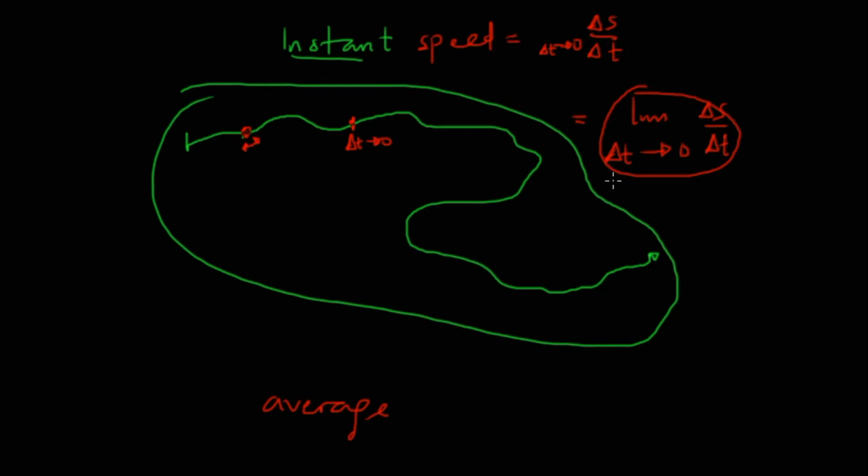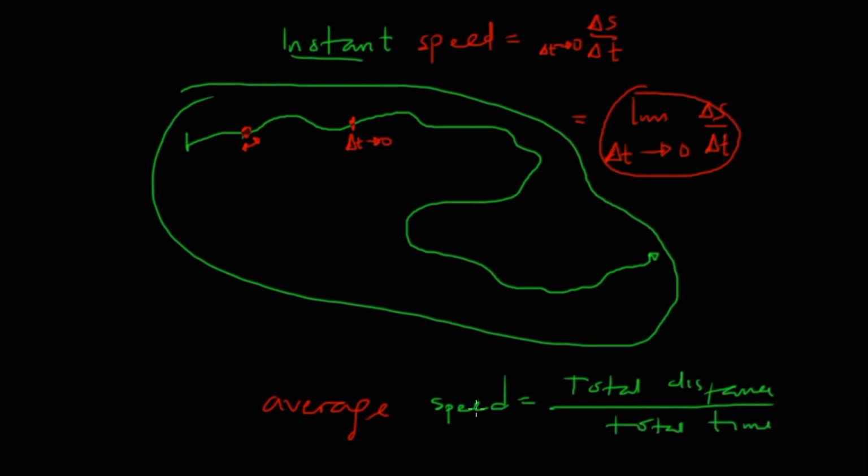The speed at every point is not constant, because it increases at every point. As a result, the average speed will be equal to the total distance covered upon the total time taken. The same thing with average velocity. Average velocity will be total displacement upon the total time.